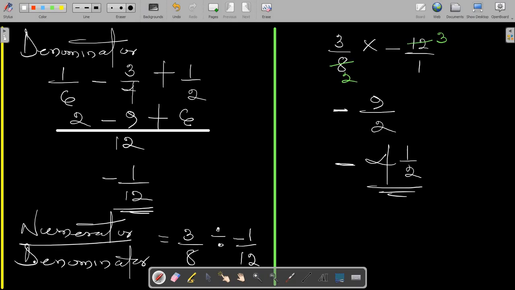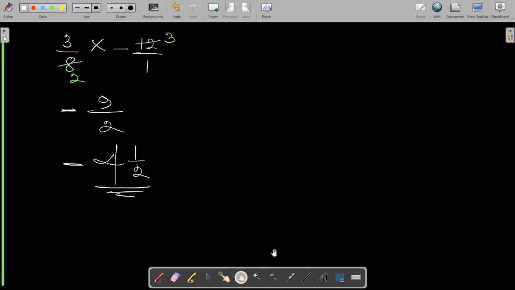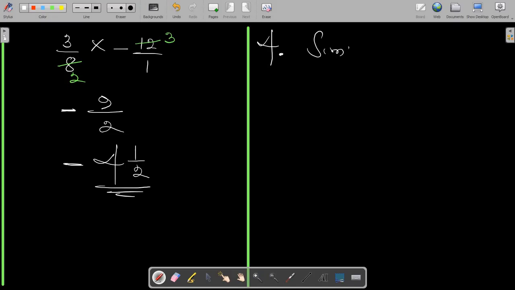Now let's move on to the last question. Okay, so let me go there by writing the last question for today's class. Let's move. The fourth question. So we have it to be simplified. We are asked to simplify. Okay, we are given 4 whole number 2 over 9 minus 1 whole number 13 all over 15.